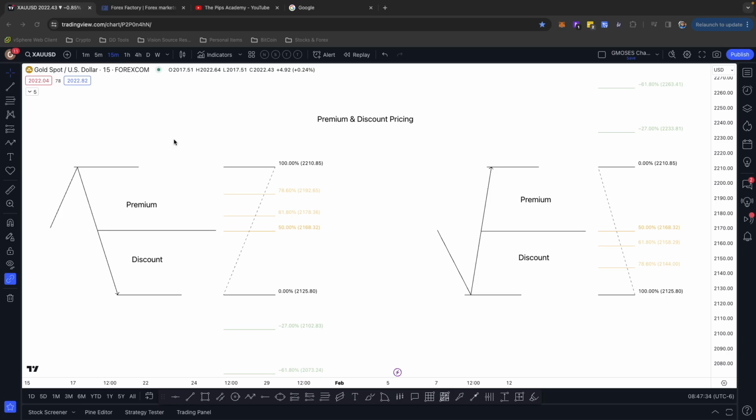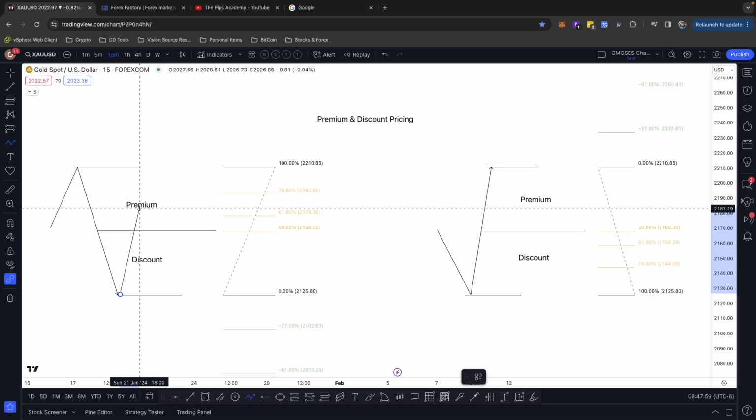You want to get the best price that you can for that particular product. The same holds true when we're trading and looking for sales. Because this is a bearish model, this is our swing high and this is our swing low, so we're looking for price to pull into premium pricing, because we're looking to sell.